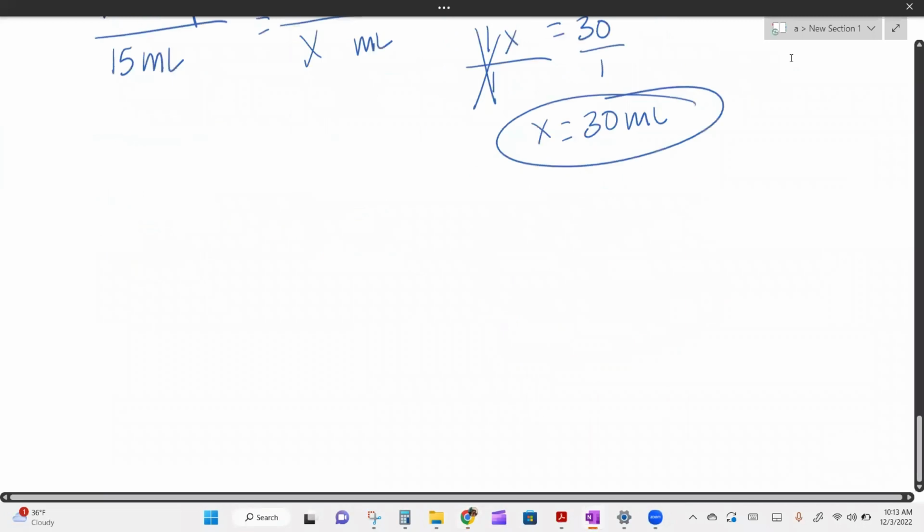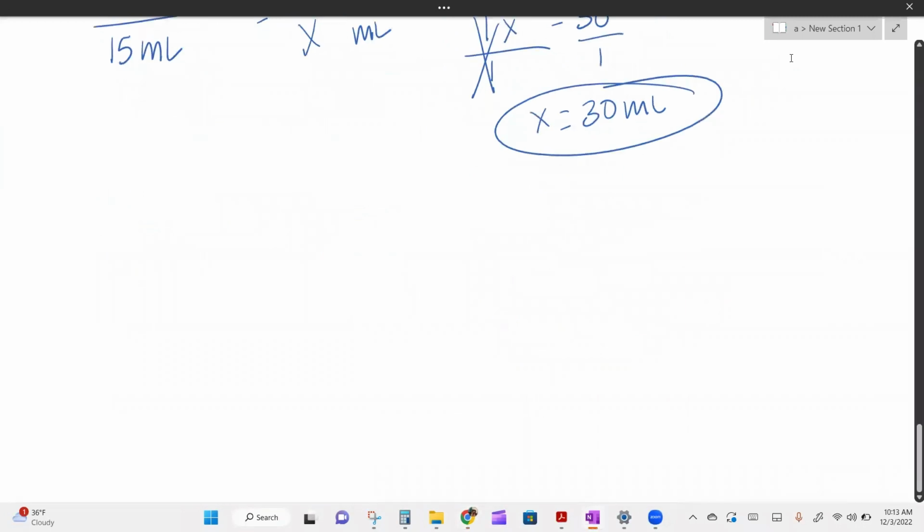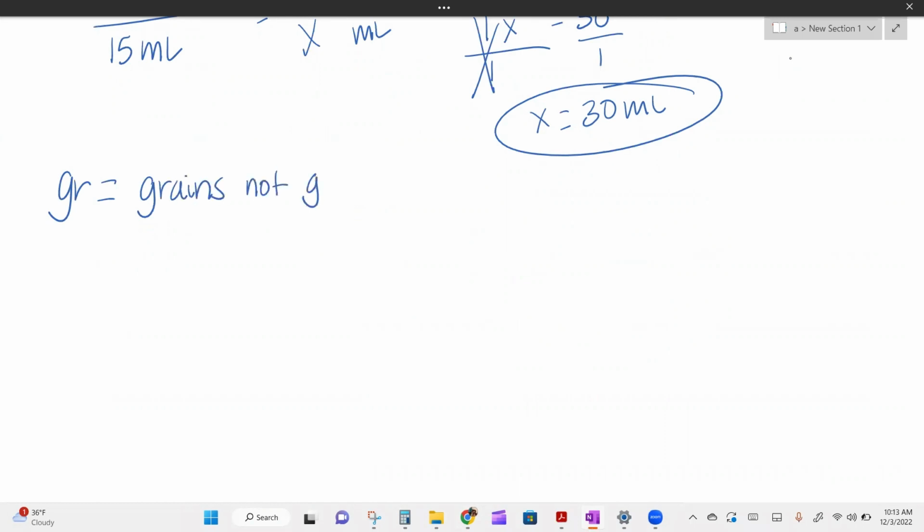So just a little note on some of the symbols. We have GR. That is grains, not grams. I'm going to put that here because so many people get that confused. Grams is G. Sometimes they'll say GM in different places, but GR is grains.